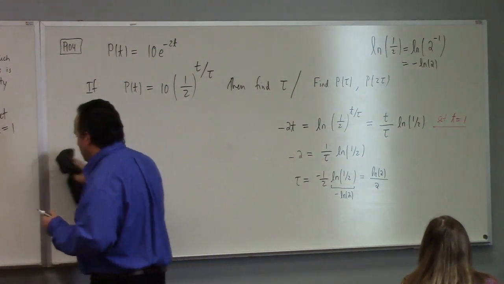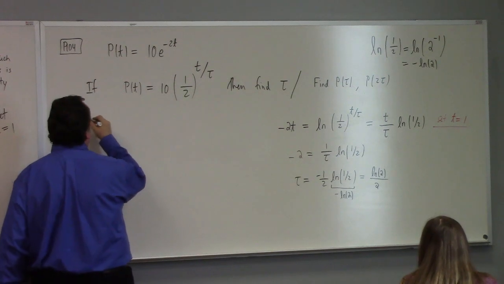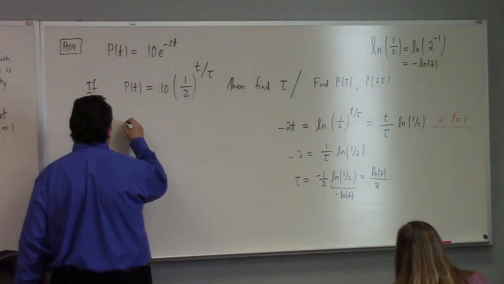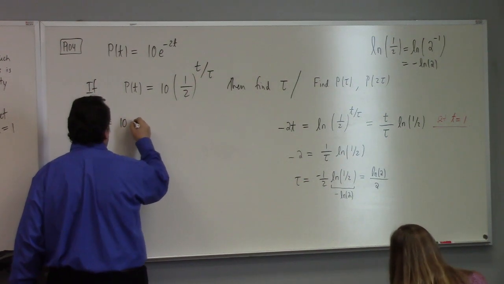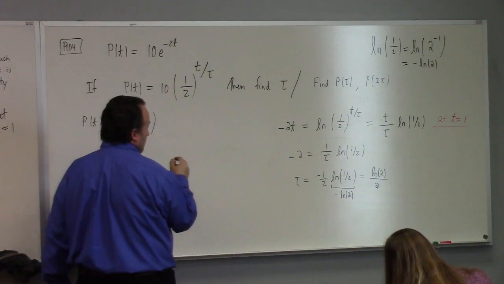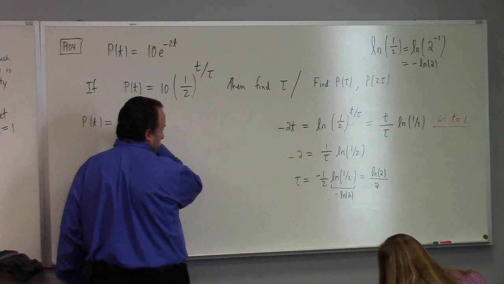So what have we found? We found that tau equals that, so I can rewrite my P of t as equal to 10 times 1/2 to the t divided by tau.